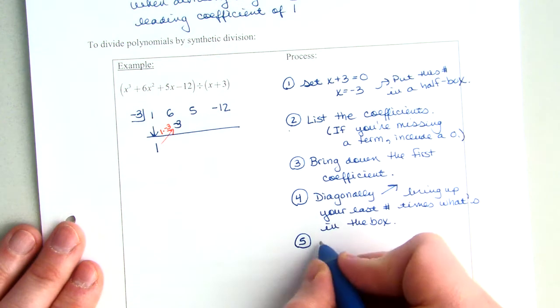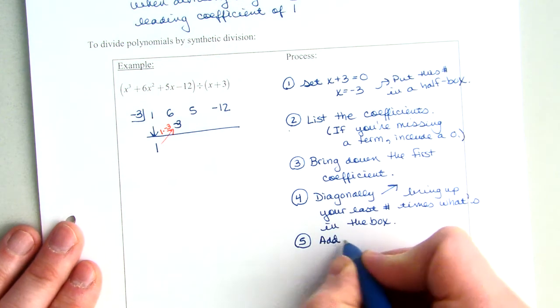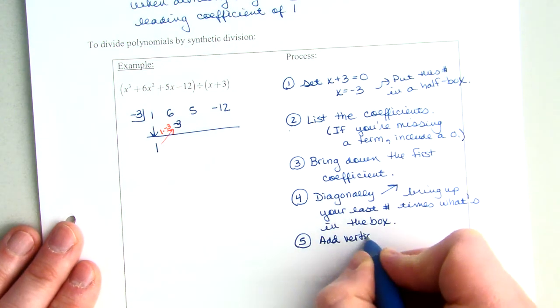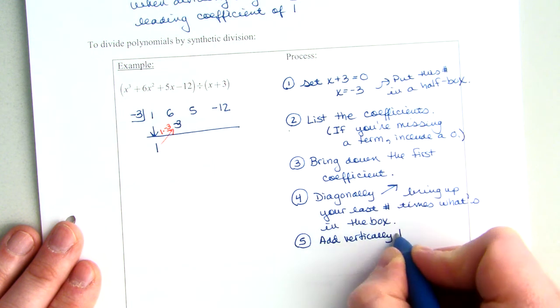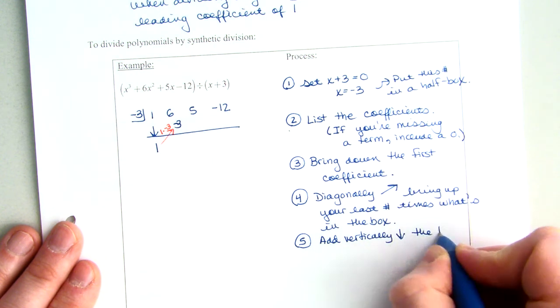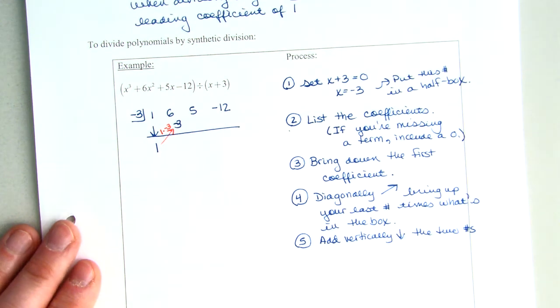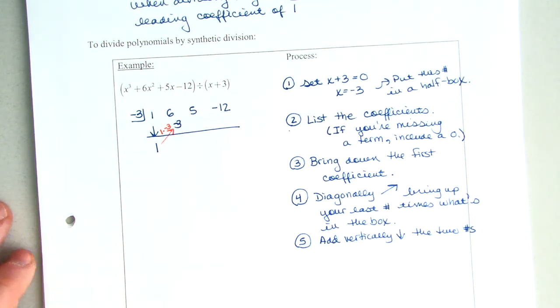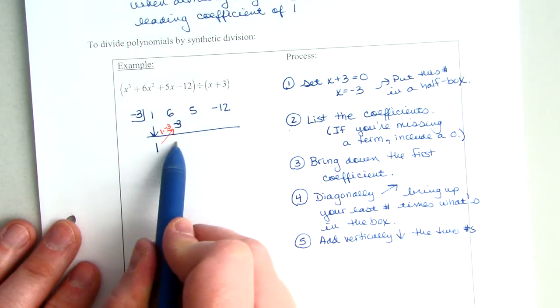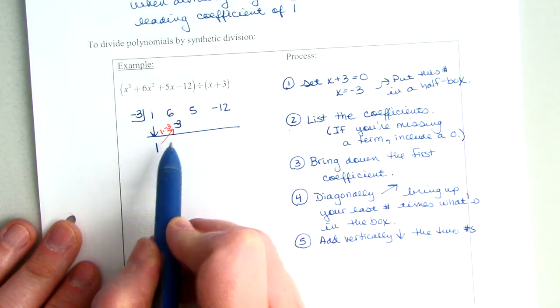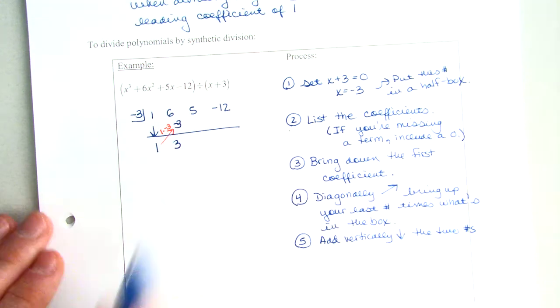Step 5, add vertically the two numbers, which means I need to do 6 plus negative 3, or 6 minus 3, and I'm going to get 3.